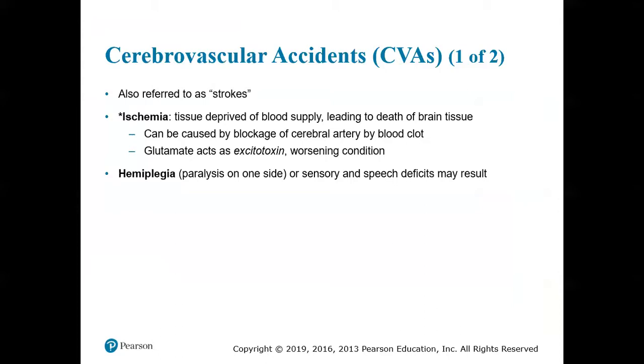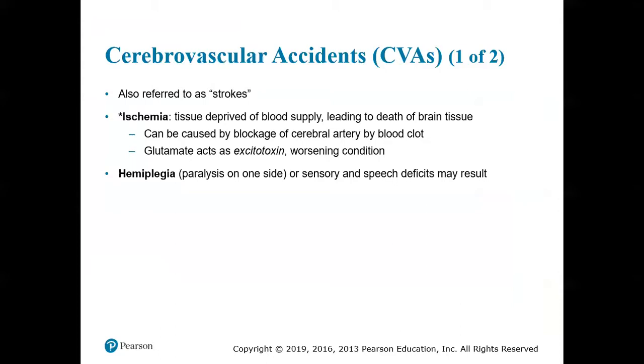Ischemia. This is what happens when tissue is deprived of a blood supply. We need blood. It is the lifeline, literally. So this would result in death to brain tissue. Hemiplegia, this is paralysis on one side, or sensory and speech loss.